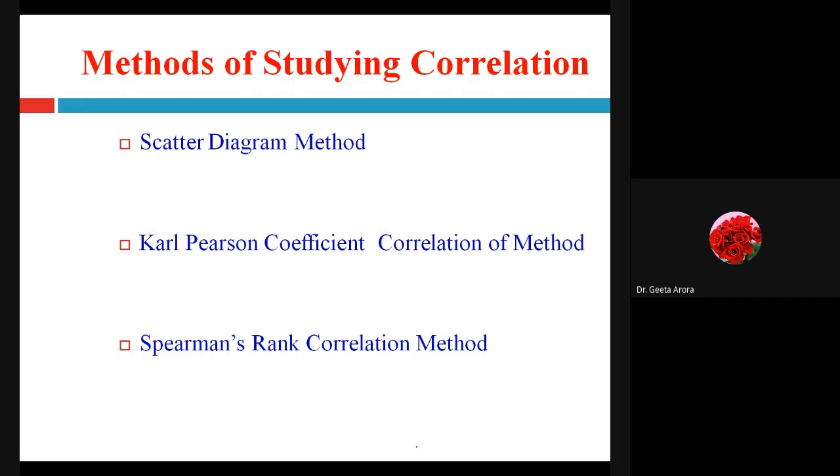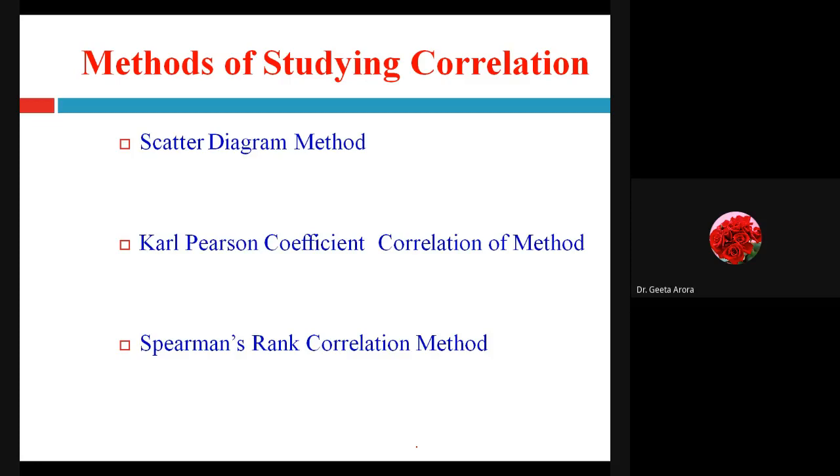Rank correlation will come into the picture when something cannot be measured directly. For example, if I talk about some quality based things, then obviously there is no such number that we can give to honesty, to beauty and all these things. So in that case, what we can do is rank them.